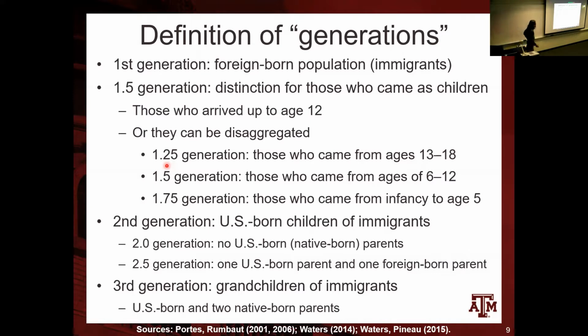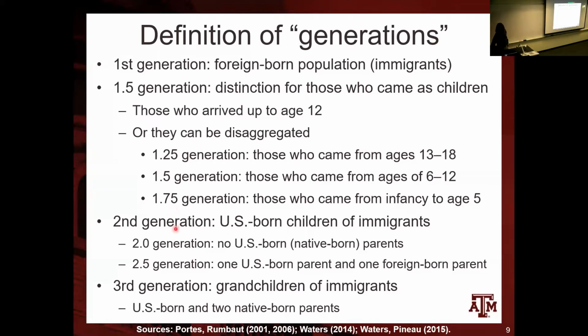Those that arrived up to the age of 5 got here really, really young, so they might probably not even remember their home country. They are 1.75th generation because they're going to be really close to the second generation. The 1.75th generation are those children who arrived here before reaching 5 years of age, but they were born outside.